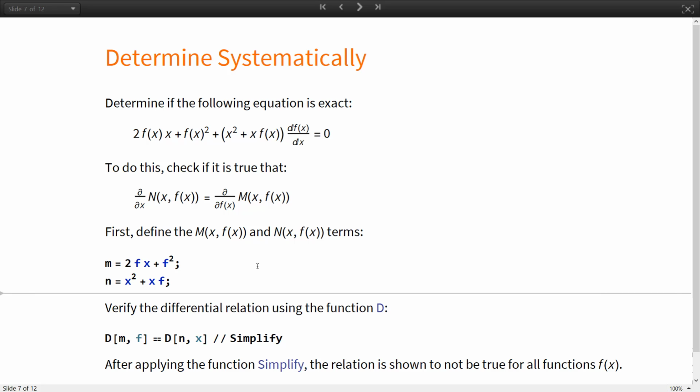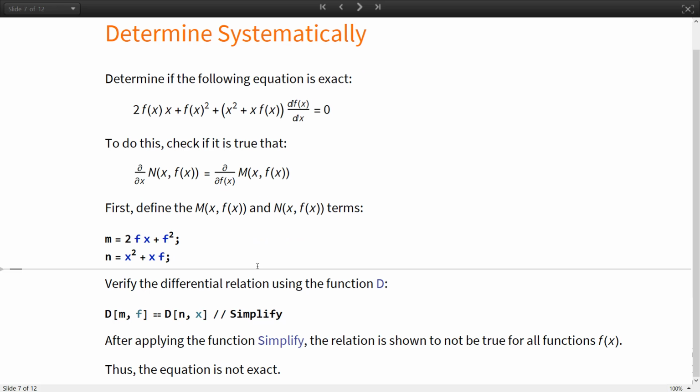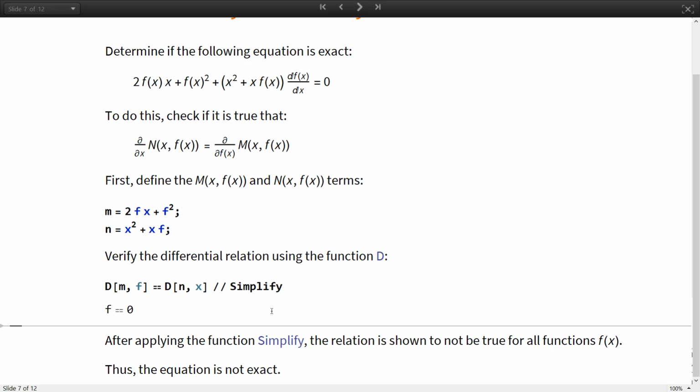The n function is the term that multiplies the derivative term, while the m function is the remaining terms. Now, with the m and n functions defined, use the Wolfram language D function to calculate the derivatives. We can see that this relation is not true for all functions. Therefore, this equation is not exact.